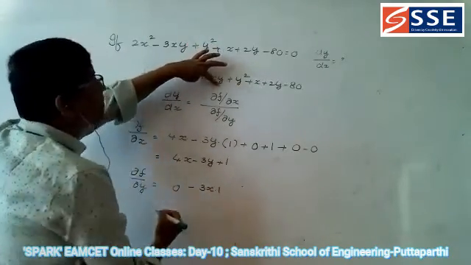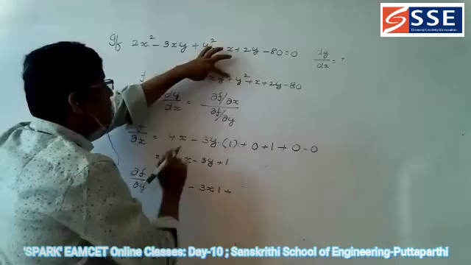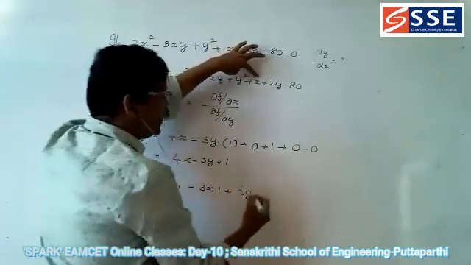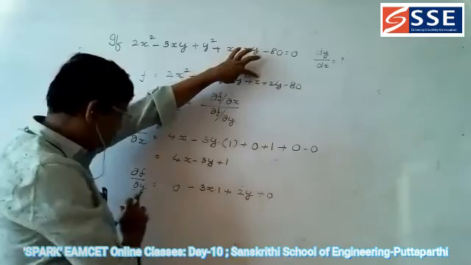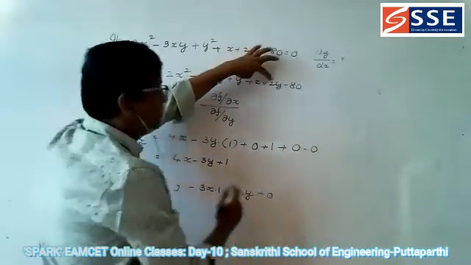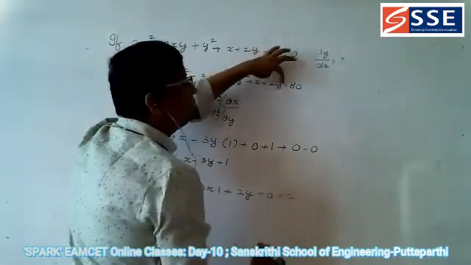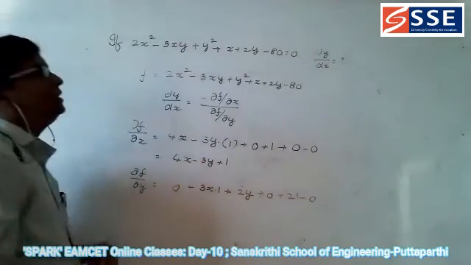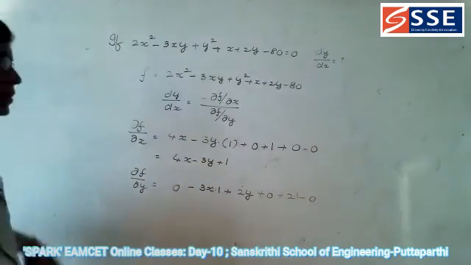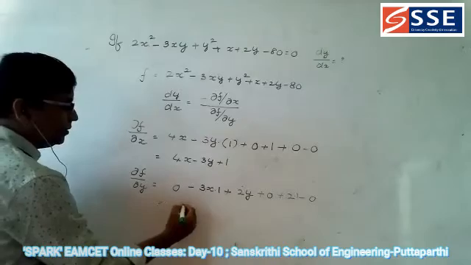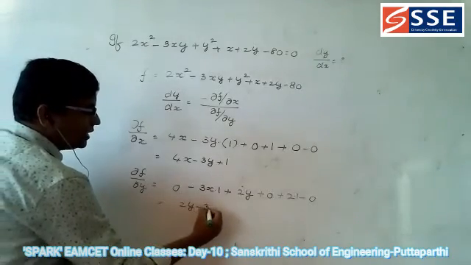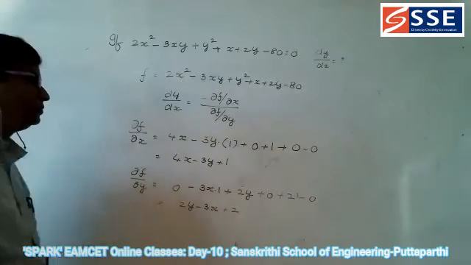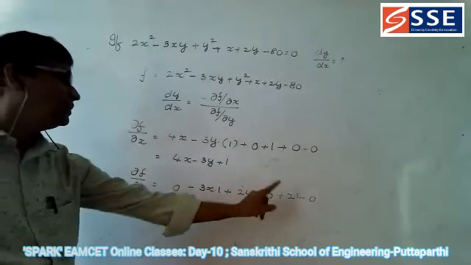Plus differentiation of y square is 2y, x becomes 0, plus 2 into differentiation of y which is 1, minus constant differentiation is 0. And now what does it become? 2y minus 3x plus 2.